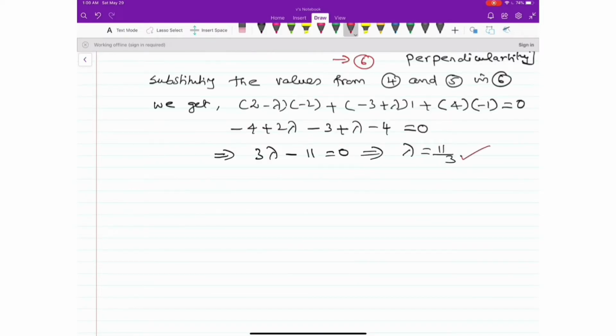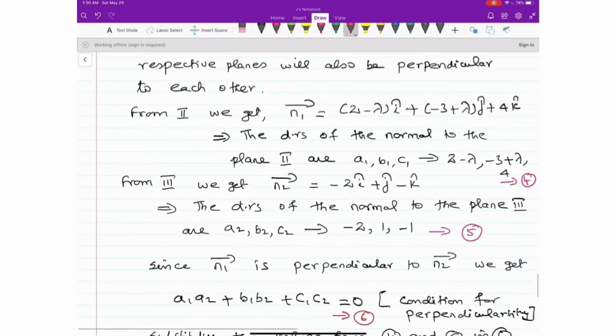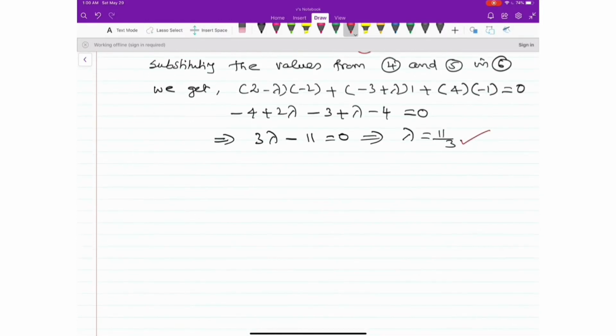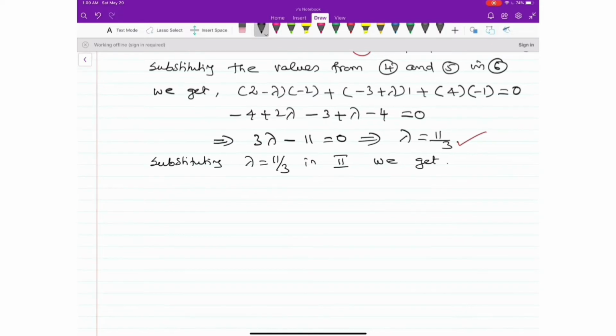Okay, now that I got the value of lambda, it will be easy for me to get the equation of the plane by substituting the value of lambda in the equation of the plane 2. So, substituting lambda is equal to 11 by 3 in 2, we get the required, since we are finding out the vector equation.